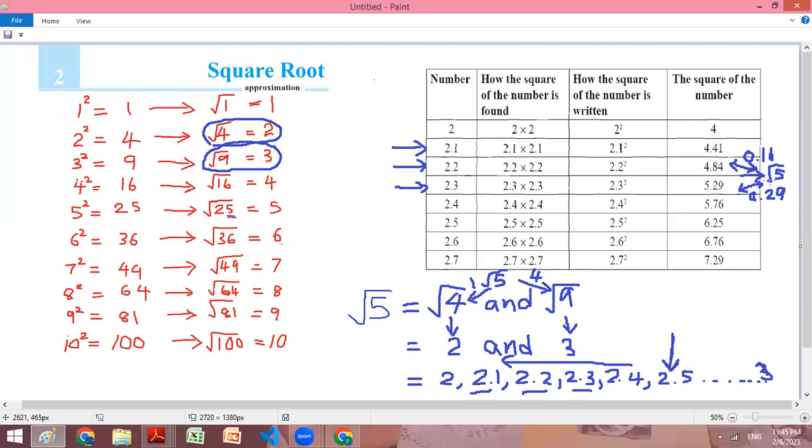The difference is very low. Therefore, the answer is 2.2. So we can write the square root of 5 is 2.2.